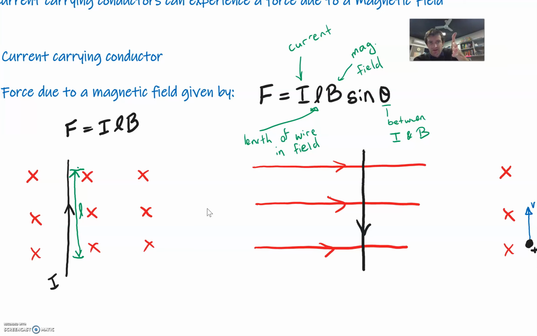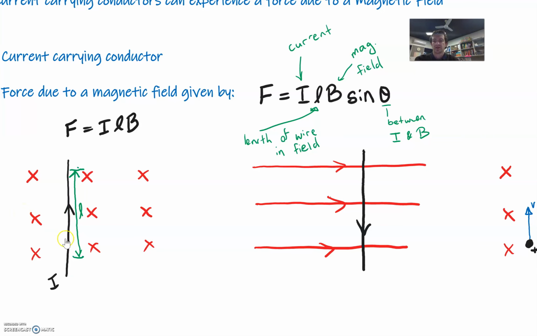And you'll be doing something like this, pointing your fingers into the page, and then your palm points in the direction of the force. And you should observe that if you do this with your hand, with your fingers going into the page and your thumb going up, the direction of the force is, for this one, going to be force to the left.